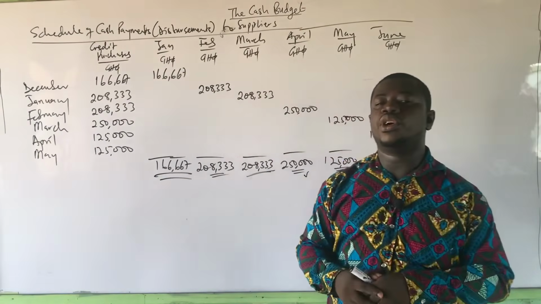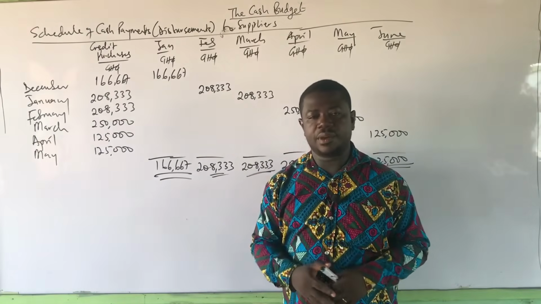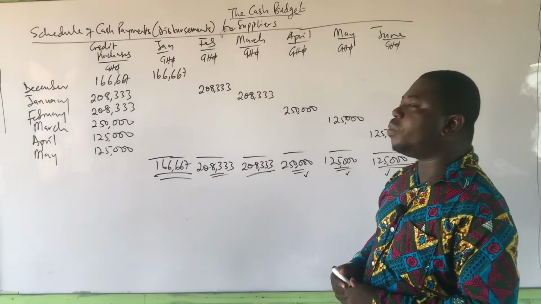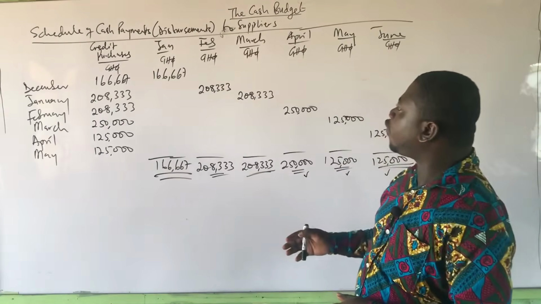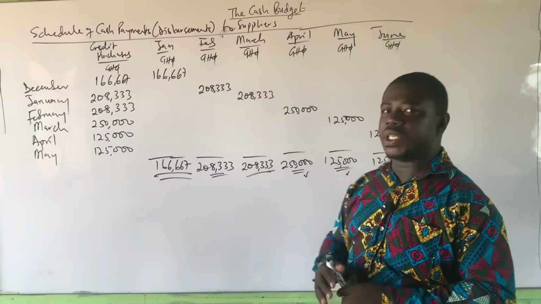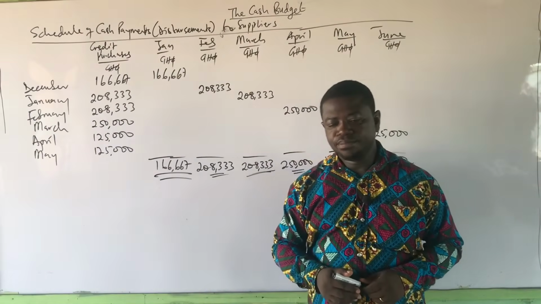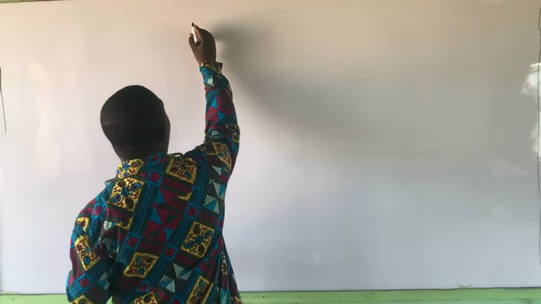So we are now going on to the cash budget itself and then prepare the cash budget for Basti Enterprise from April to June 2018. All right, and so we begin our cash budget.